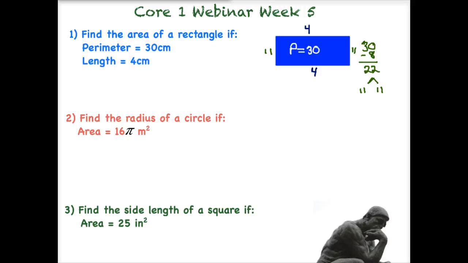Are you leaving a yes there, Dee, or no? Yes? Okay. How do you find the area then? What would you multiply to find the area of a rectangle? Gotta give me something, Dee.